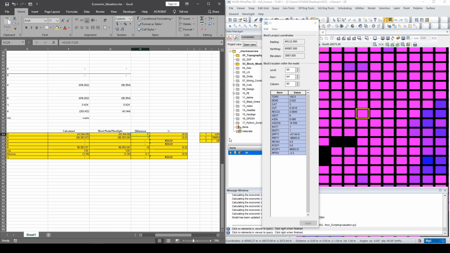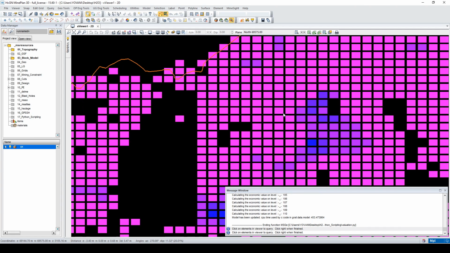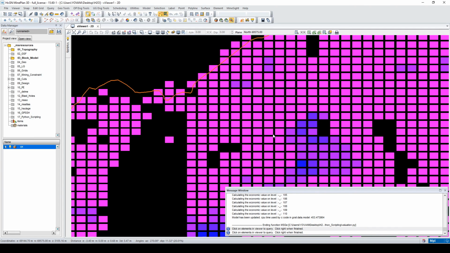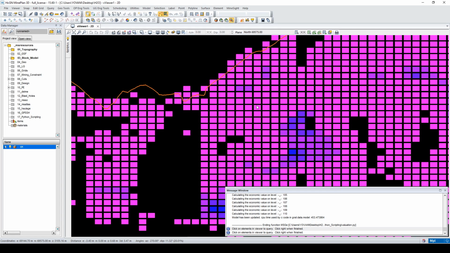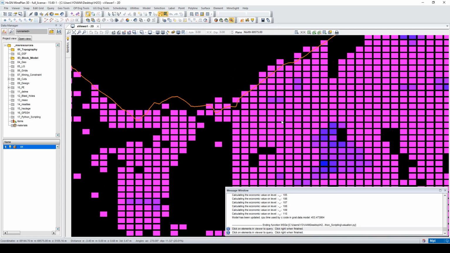We can see that there is no significant difference between the calculated fields and the Excel calculated values. So now that we already have the economic model, we can continue running the Lerchs and Grossmann or the Floating Cone algorithm to get the ultimate pit limit and the mining sequence.